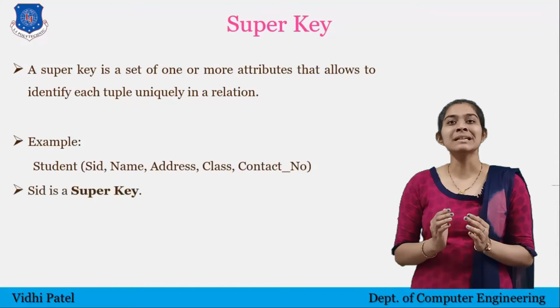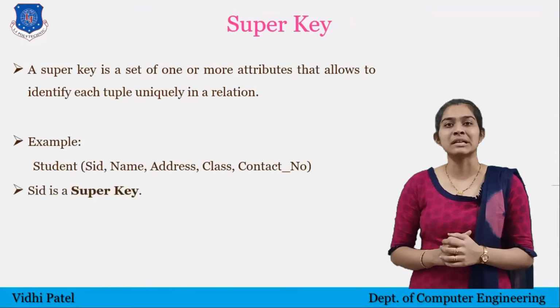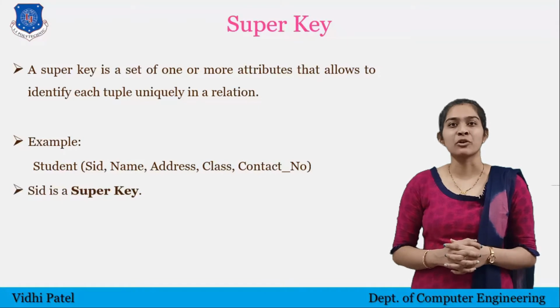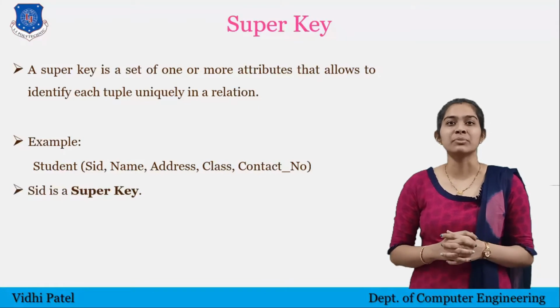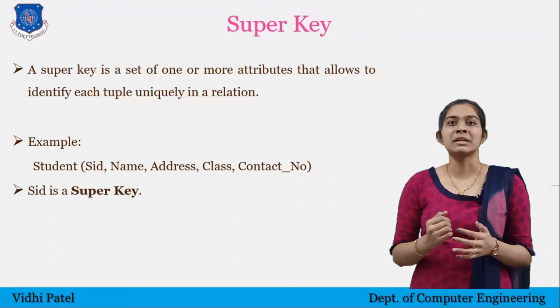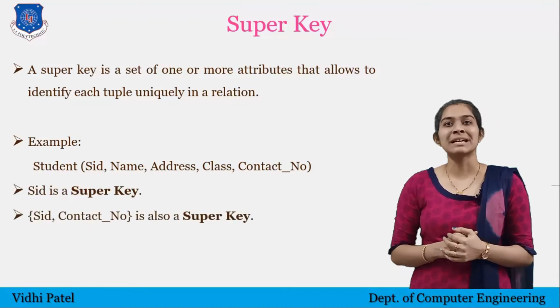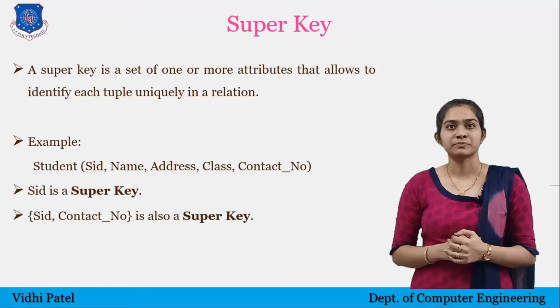So, student ID is a super key for the student relation. If K is a super key, then any superset of K is a super key. For example, the combination of student ID with any other attribute, say student ID and contact number, is a super key for the relation.